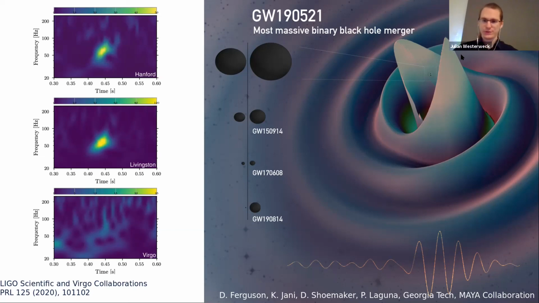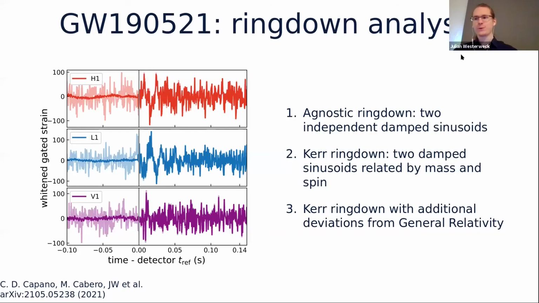So to see what we can find out about the quasinormal modes of this event, what we do is first we have to remove the inspiral and merger part of the signal that you can see on the left. We see that there's the data stream and the times before the merger are being removed with only the ring-down signal remaining.